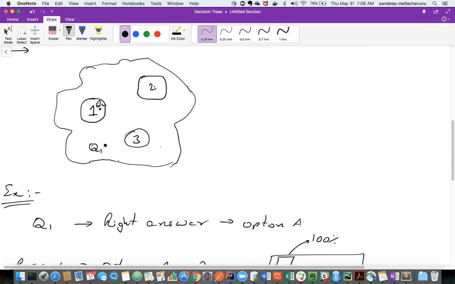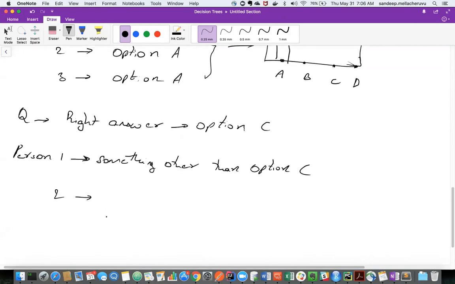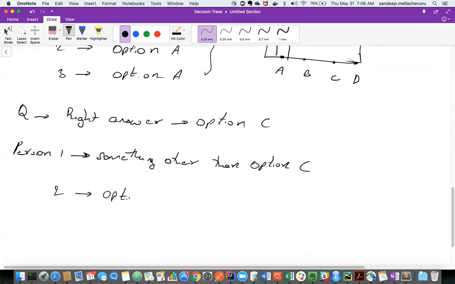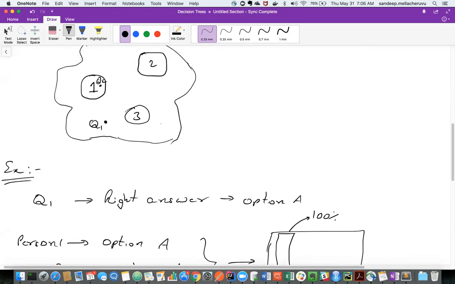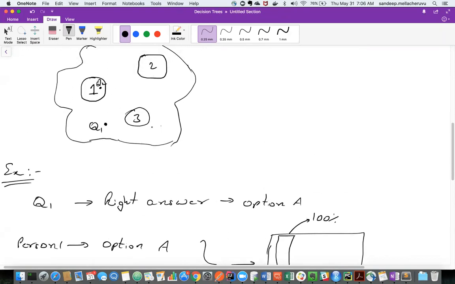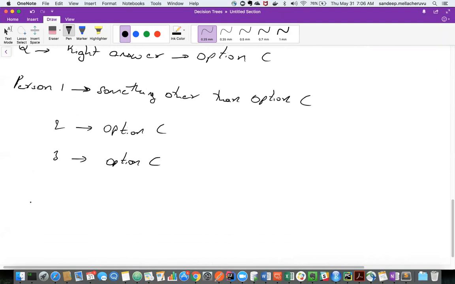Again, he's going to answer properly. He's going to say option C. Similarly, the third person, same answer C, because he knows the answer. This question is not within this circle. Are you guys clear? Yes, sir. And what happens?